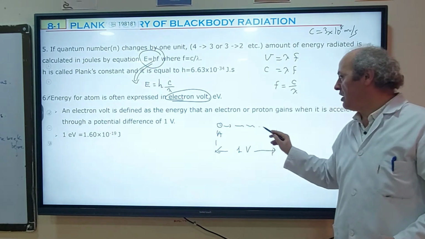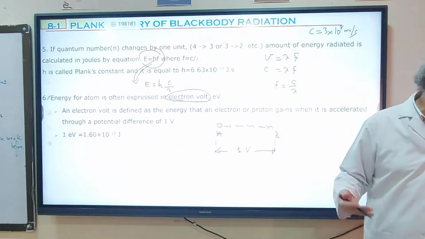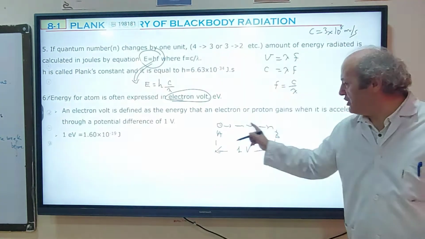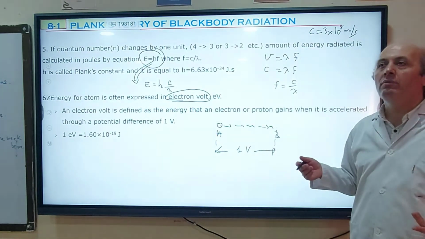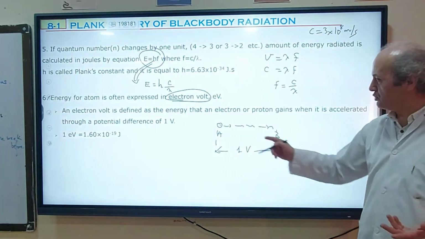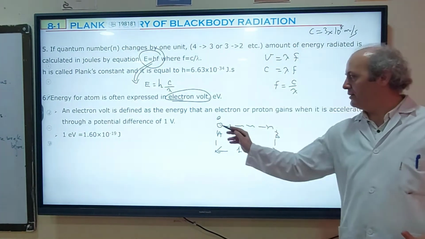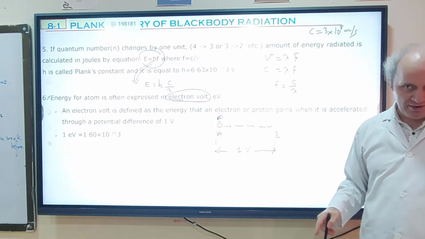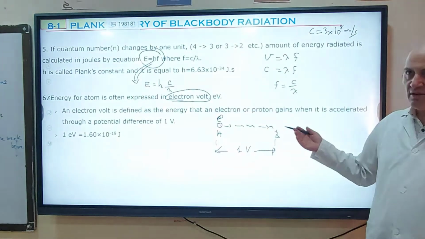Of course, when it's accelerating, it will gain energy. How much energy is gained from point A to B is called 1 electron volt. Because the charge of electron is e, multiplied by 1 V, the result becomes 1 eV. Yeah, 1 eV. This is the definition.